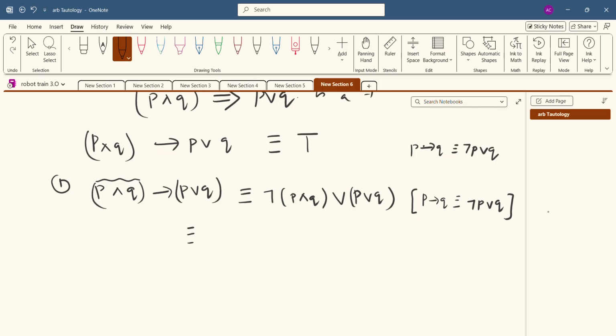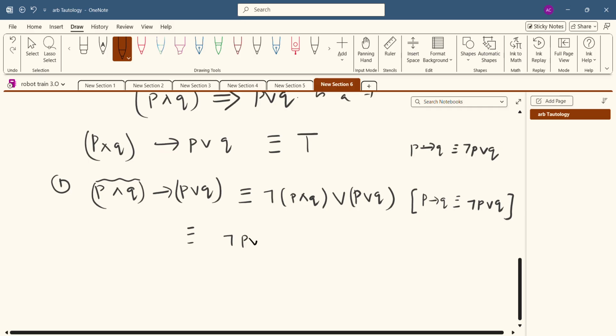Negation of P conjunction Q is negation P union negation Q, union P disjunction Q.